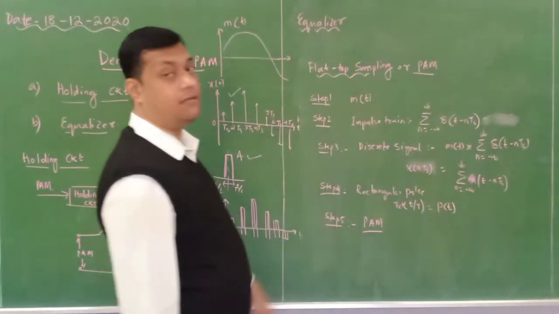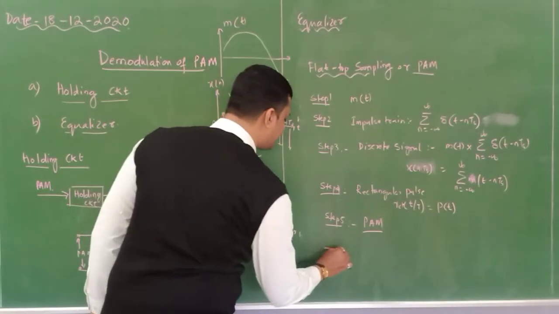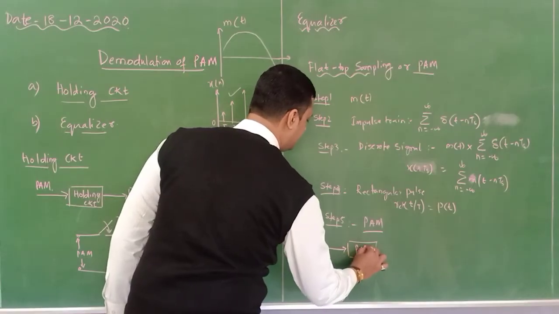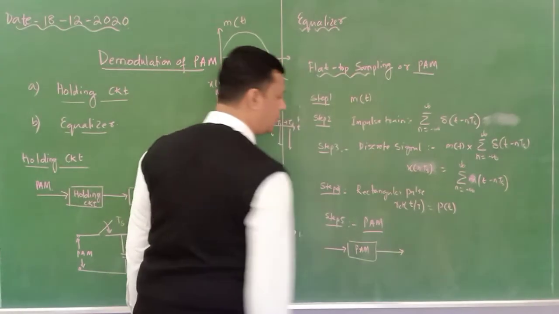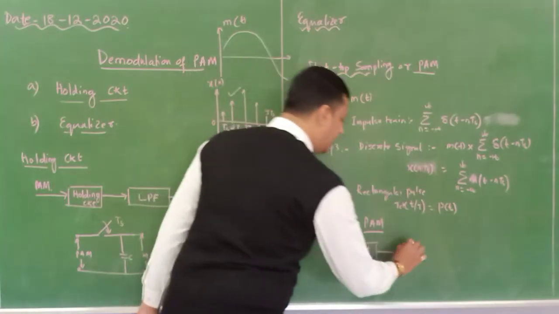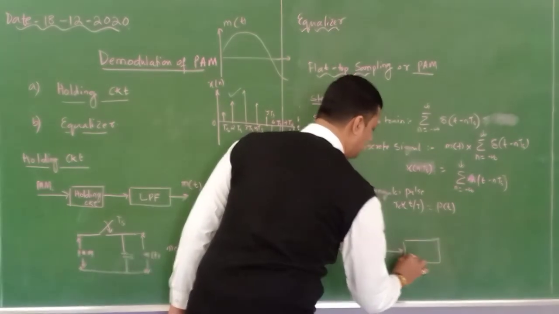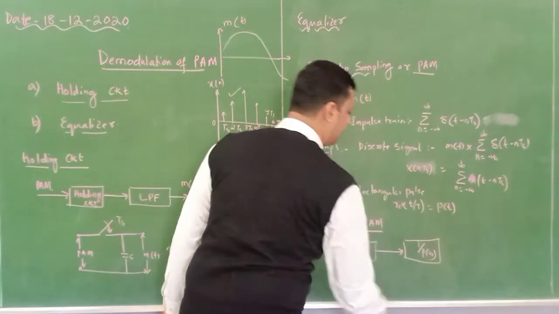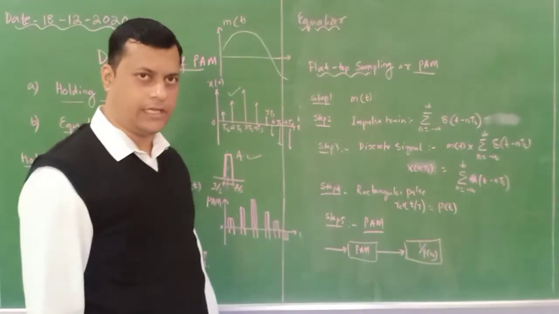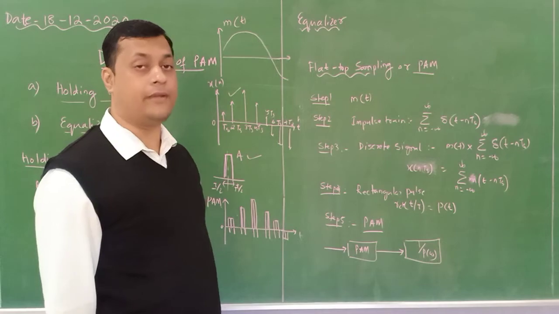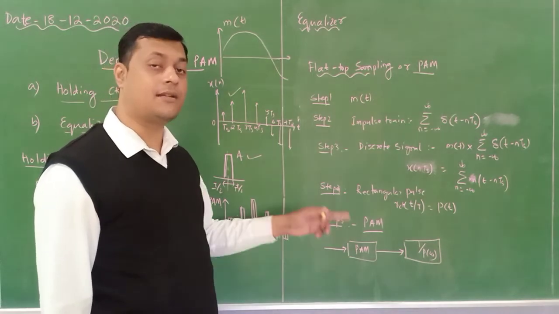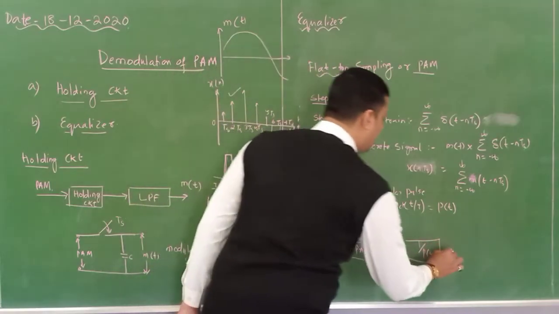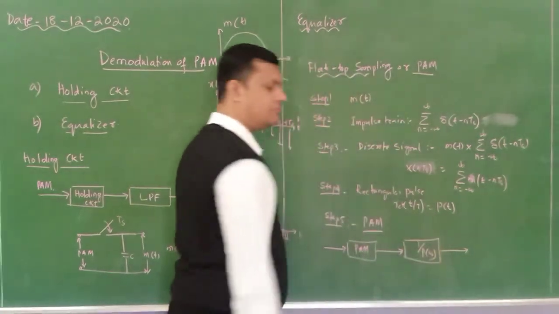Now the equalizer, what does it do? You are receiving the PAM signal. Here, it has 1 by P of omega. 1 by P of omega is the transfer function of a particular filter. This is also one filter.